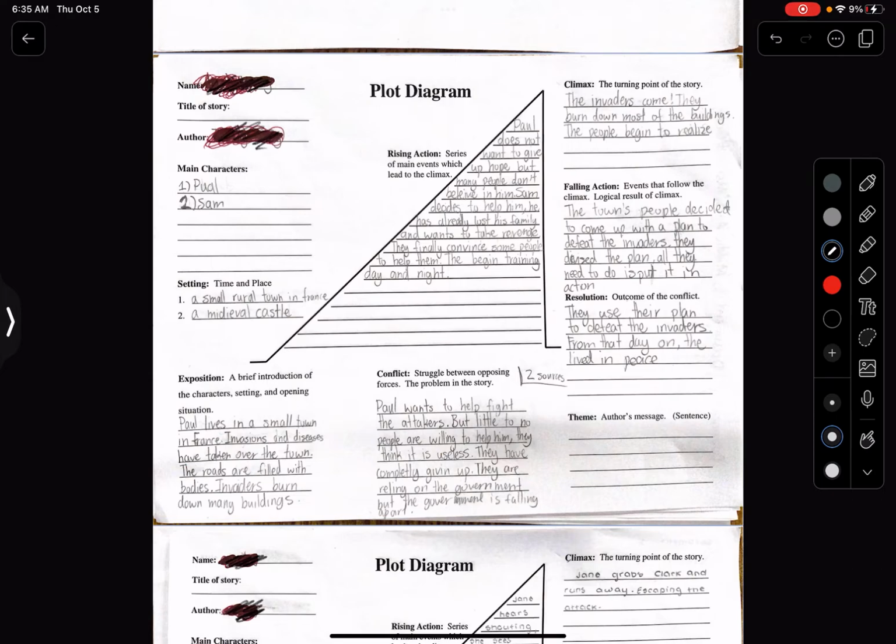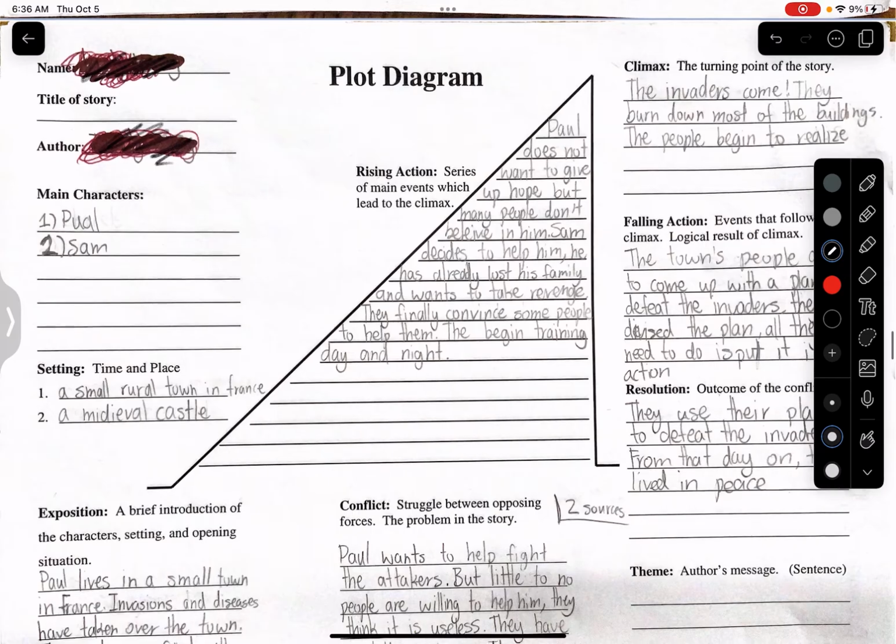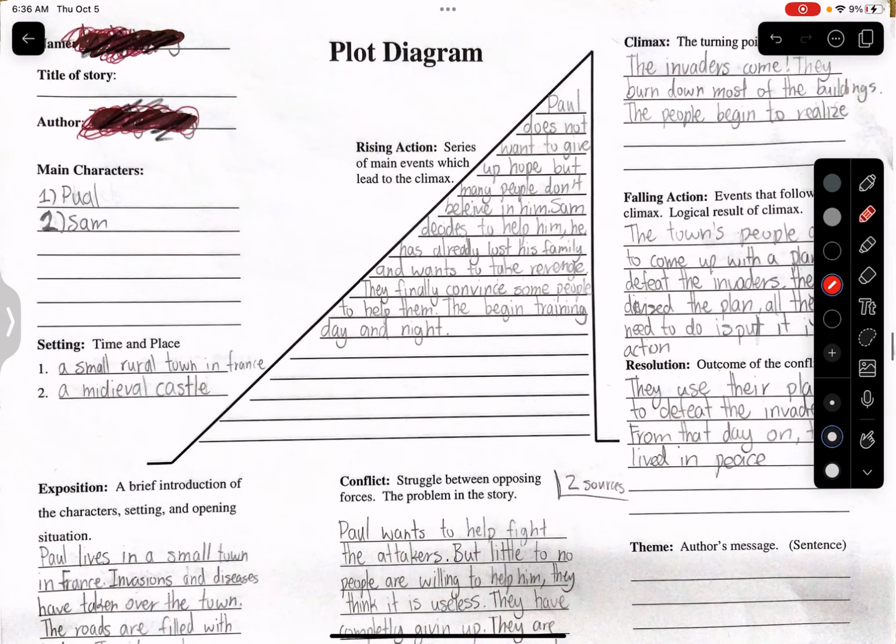So let's look at this student. So this student said the main characters are Paul and Sam. Okay, nothing too extraordinary. That's good. The setting is a small rural town in France. That's really awesome, right? Because your sources are about small regional areas in Europe.